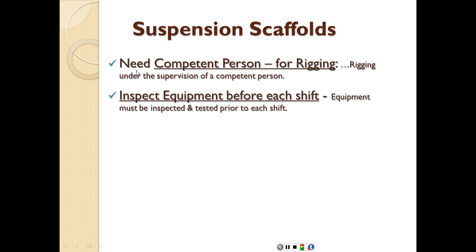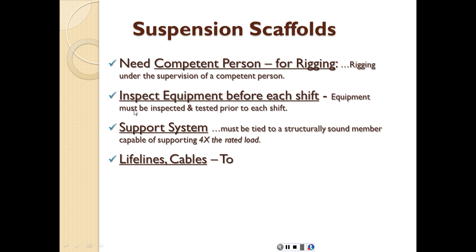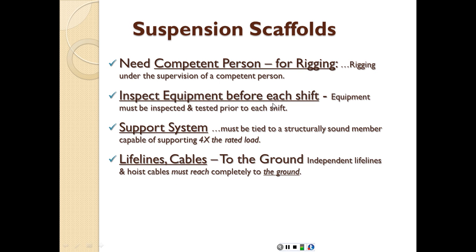You need a competent person for rigging. You need to inspect the equipment before each shift because conditions might change. It must be tied to a structurally sound member capable of supporting 4 times the rated load. So the ropes 6 times, the support system 4 times. Lifelines, cables to the ground.